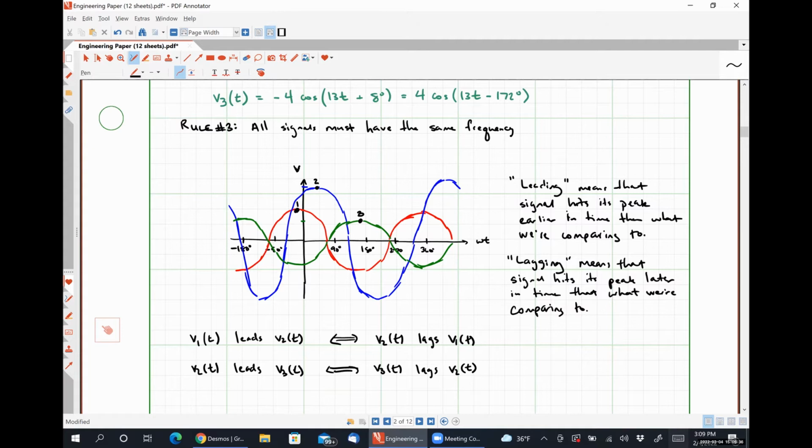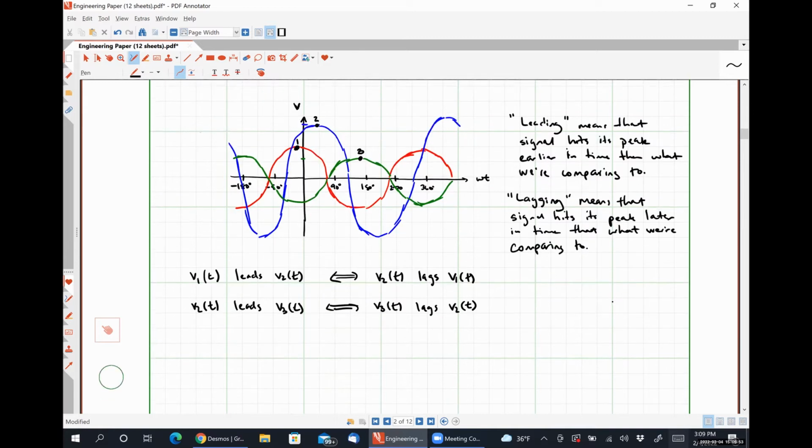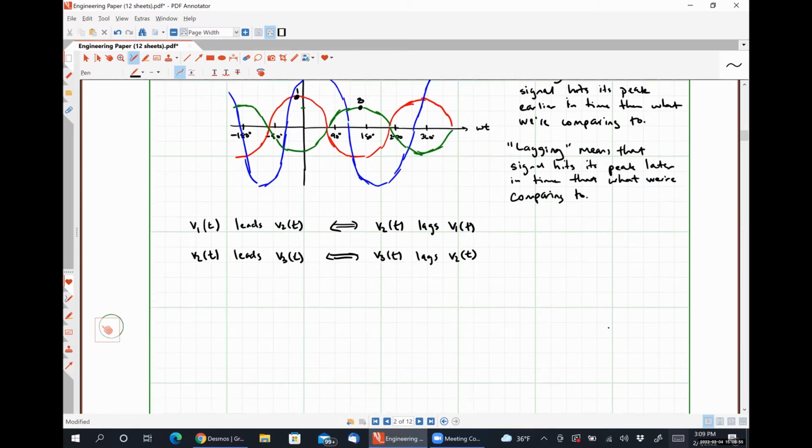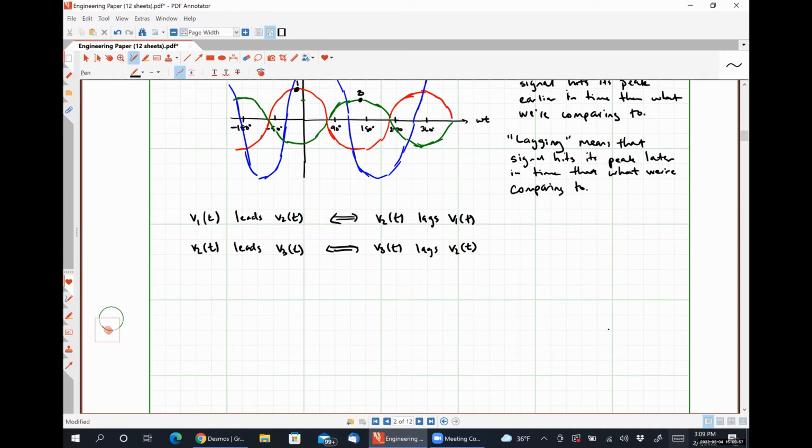Now, it is often useful for us to know exactly by how much one signal leads or lags another one. And it's very hard to do that measurement using this type of graph. So what I'm going to introduce to you guys is what's called a phase graph.